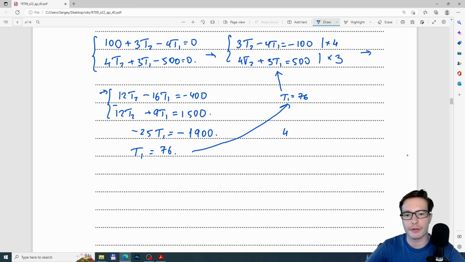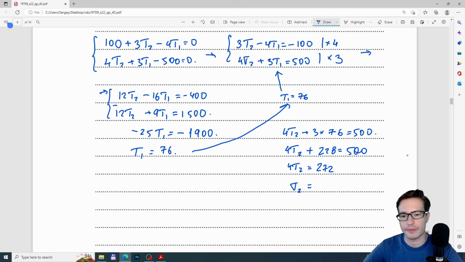And we'll get 4T2 plus 3 times 76 equals 500. So we've got 4T2 plus 228 equals 500. Then T2 equals 68. So 68 newtons and 76 newtons.